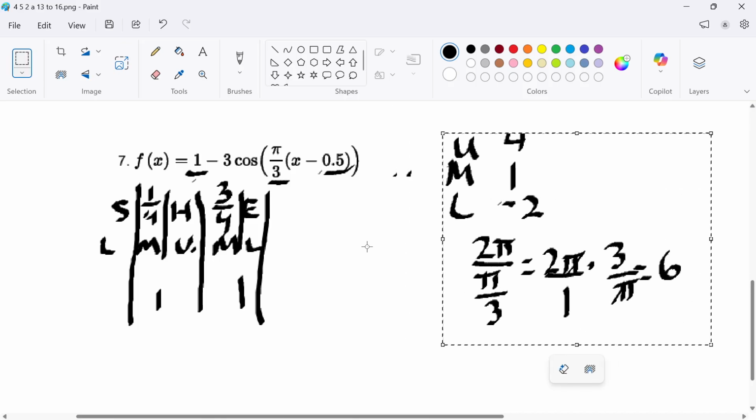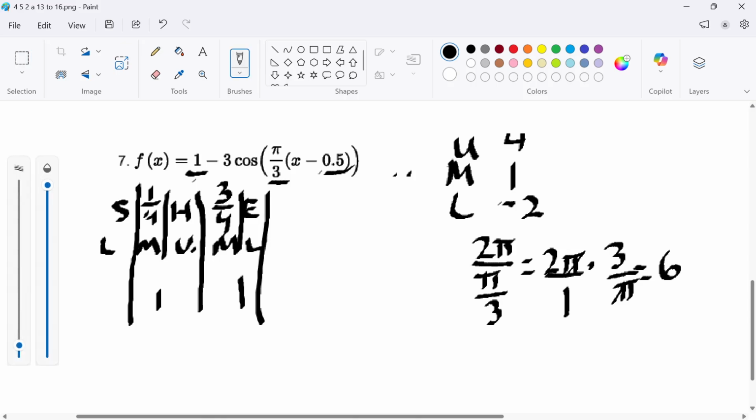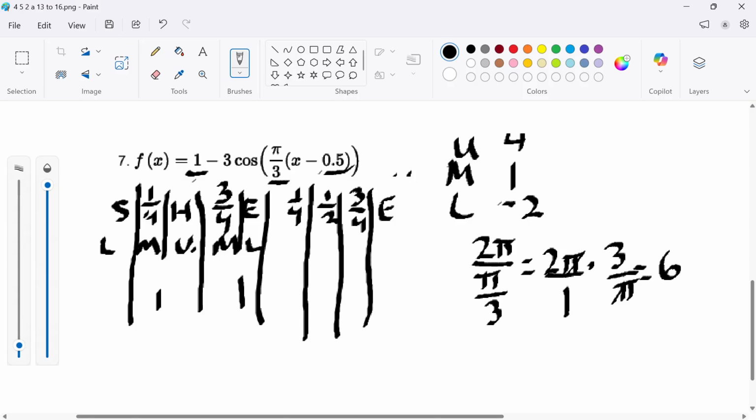Let me put it over here. And then I could put the end over there, the 1/2 between those two, the 1/4 between those two, and the 3/4 between those two. Because that's going to be the second one. And so again, it's going to go low, mid, upper, mid, low.